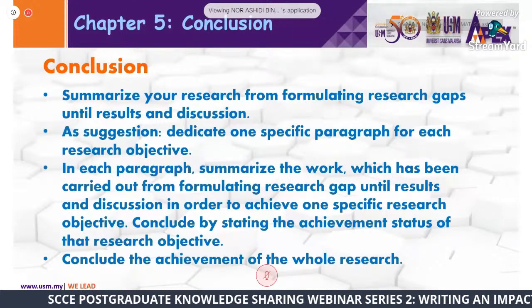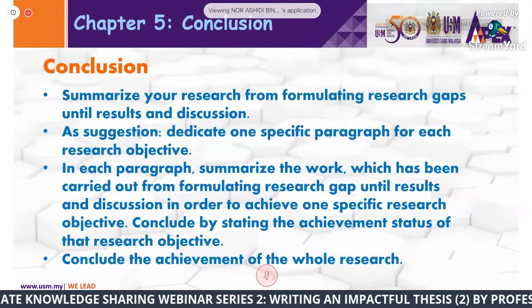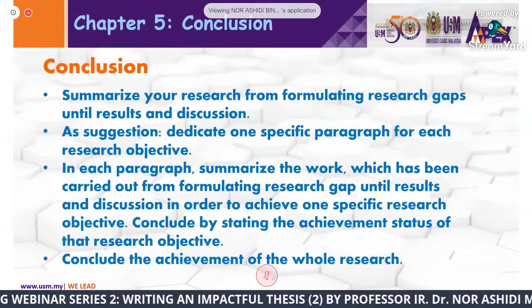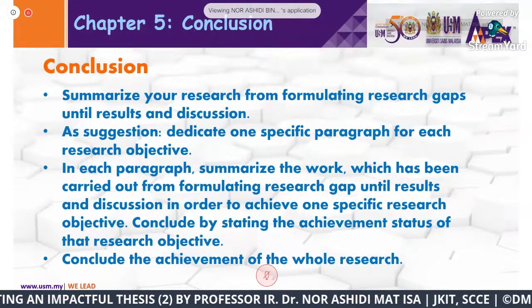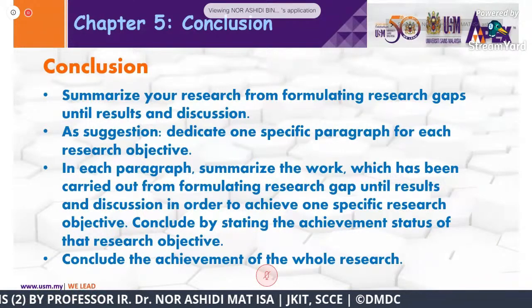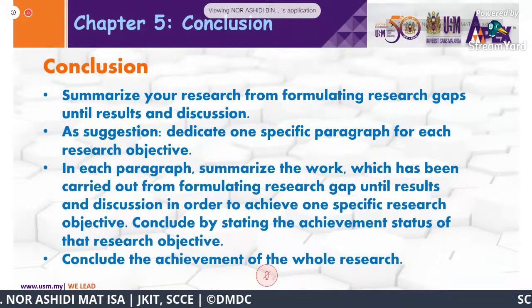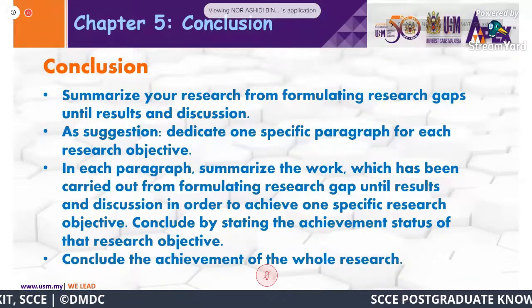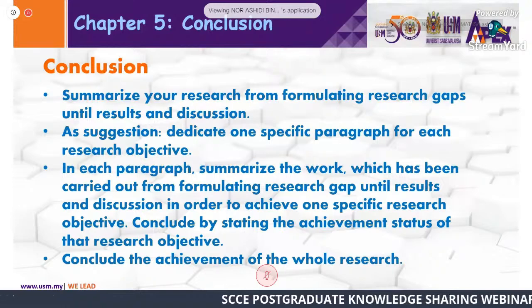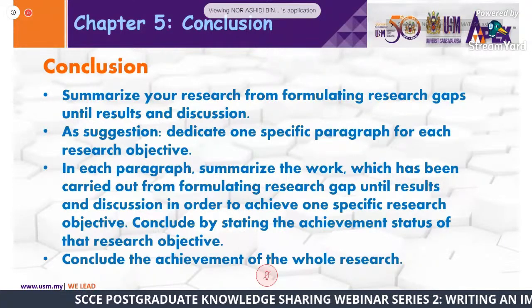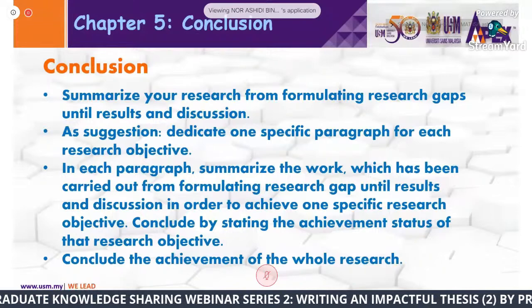So it showed that the research gap and also objective number 1 has been achieved. So that's for paragraph number 1. Do the same for paragraph number 2 for the second objective and the second research gap, and for the third paragraph for the third objective and also the third research gap.